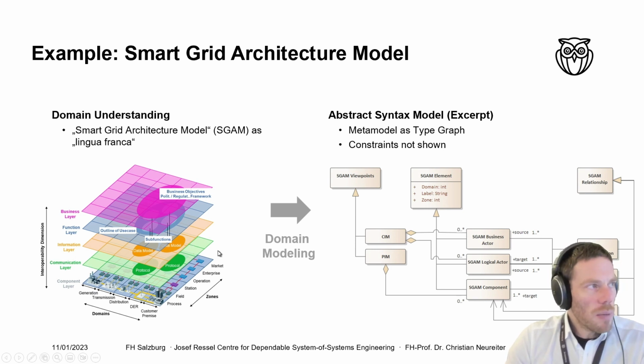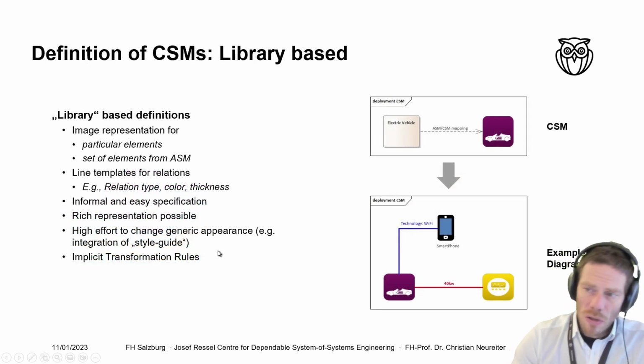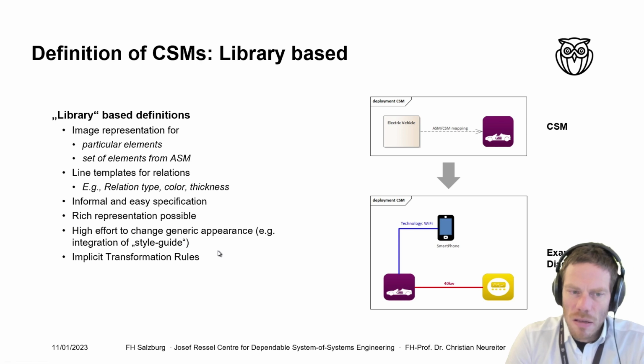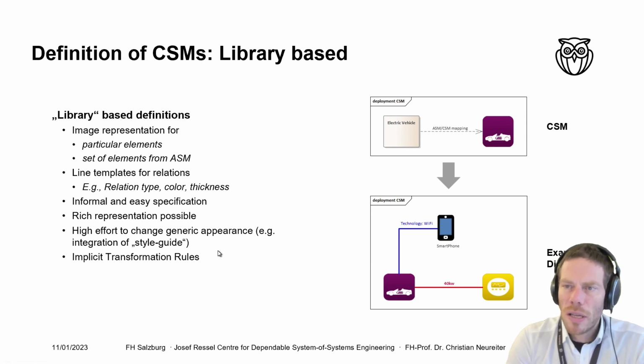Following the abstract model, we also have the concrete syntax model, which defines the appearance of individual modeling elements that we choose. Here we have different approaches available. For this particular modeling language, we have chosen a library-based approach, which simply means that every modeling element is mapped to a particular image.